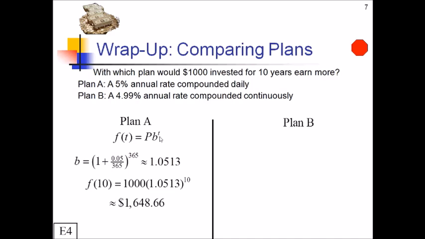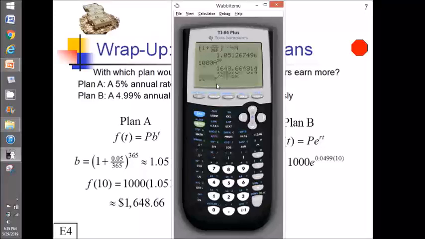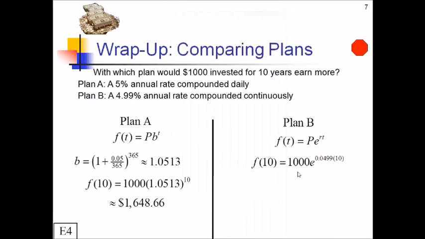So for this, again, we're going to use the PERT formula. Same principal of 1,000. We're going to use e to the 0.0499 now for that interest rate, and we're still using 10 for t. Calculator time for this. And if I plug that in the calculator, that total comes out to $1,647.07.